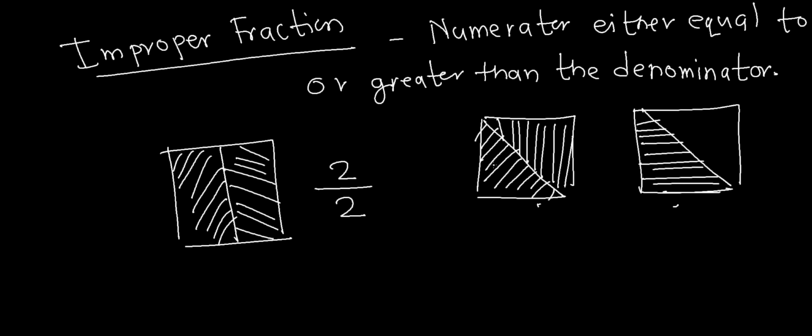That means I have selected 3 out of 2 main shapes. Here the numerator is 3 and the denominator is 2. The numerator is greater than the denominator, that is 3 is greater than 2. That's an improper fraction.